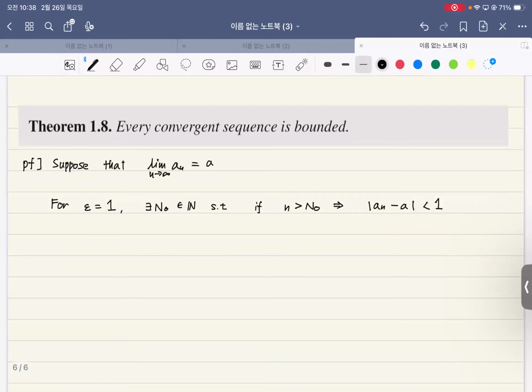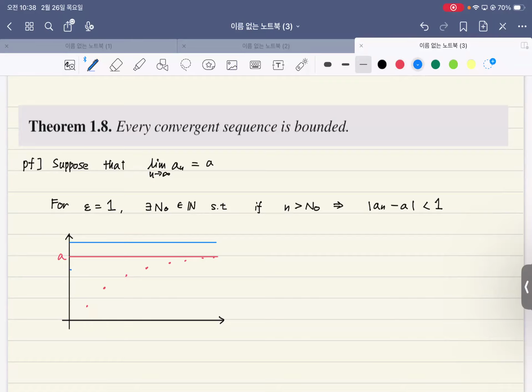I'm going to draw a little cartoon to describe the situation. This is a convergent sequence, and this is the limit of the sequence, this is a minus 1, and this is a plus 1. So every term beyond this point must lie between a minus 1 and a plus 1.